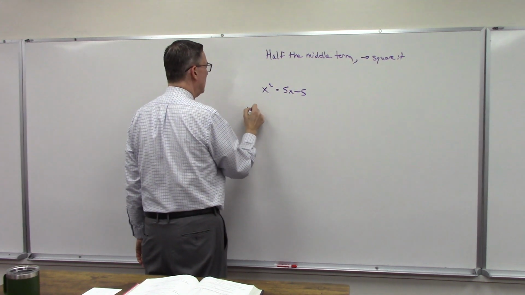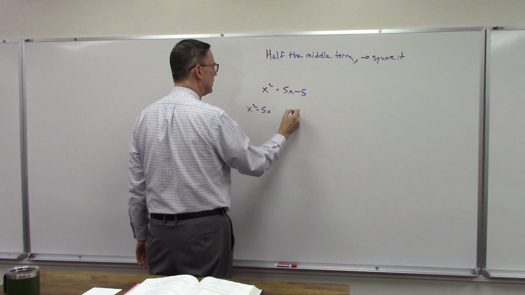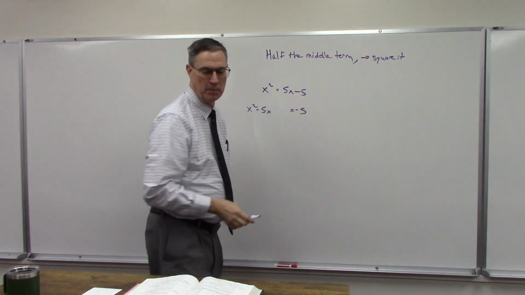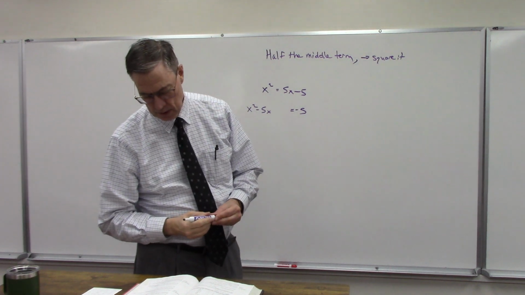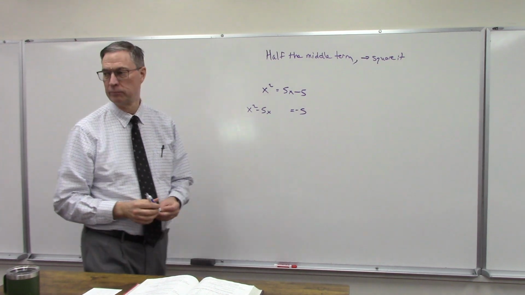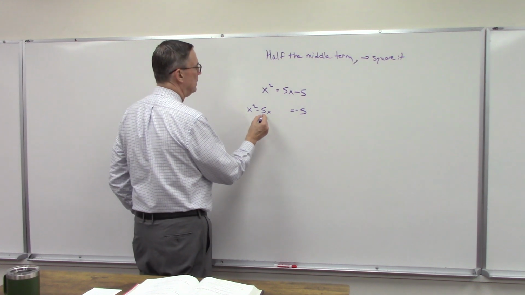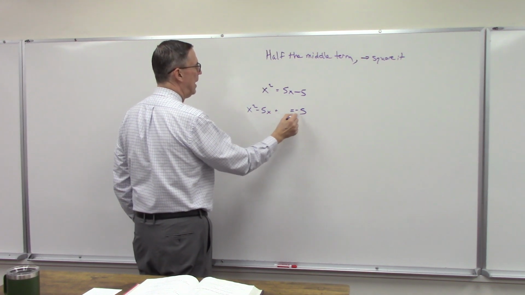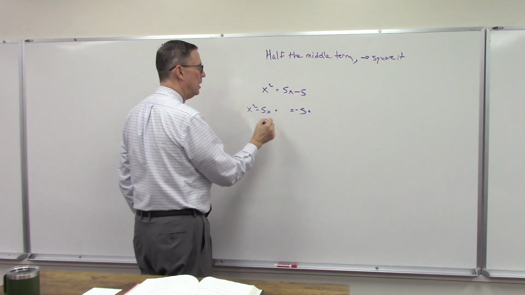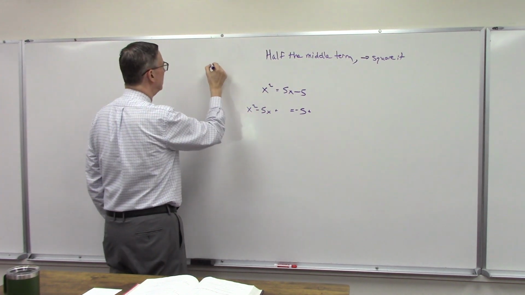All right. So I'm going to do x squared. I'm going to bring the 5x over, so minus 5x. But I'm going to leave the negative 5 over here on the right. Now, I need to add something to both sides. What's the rule say, Michael? Half the term squared.